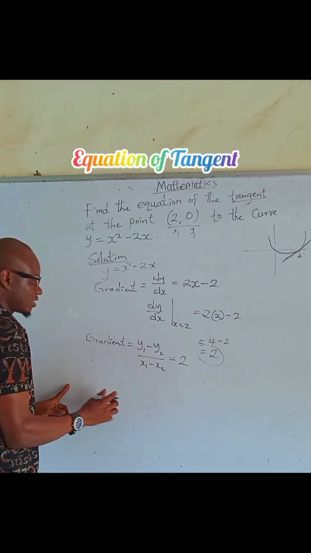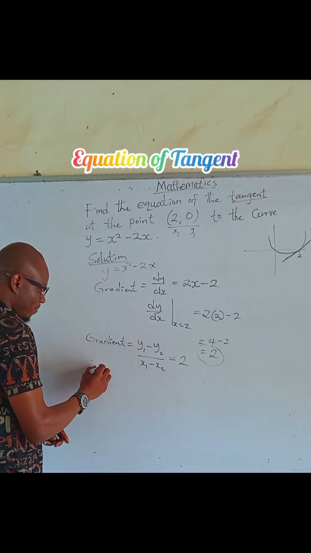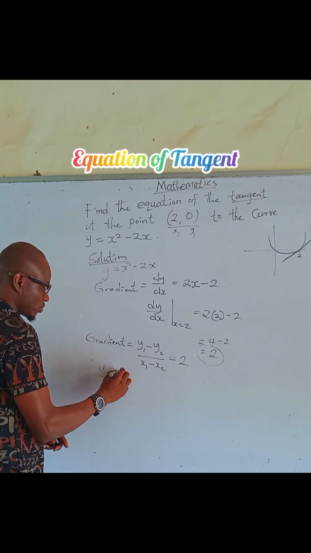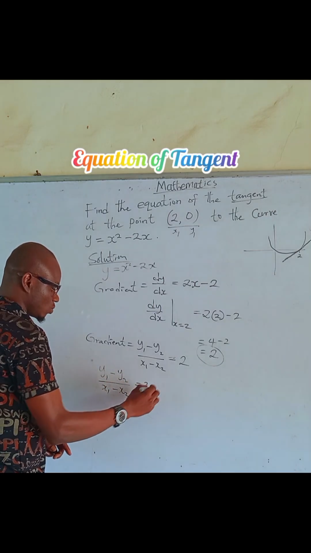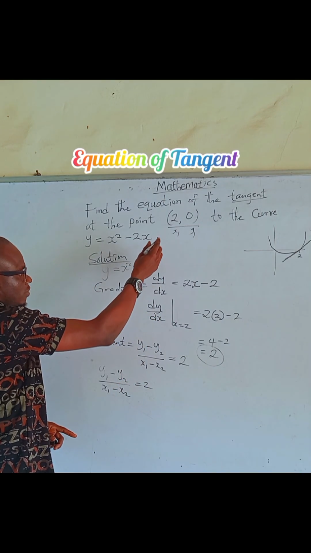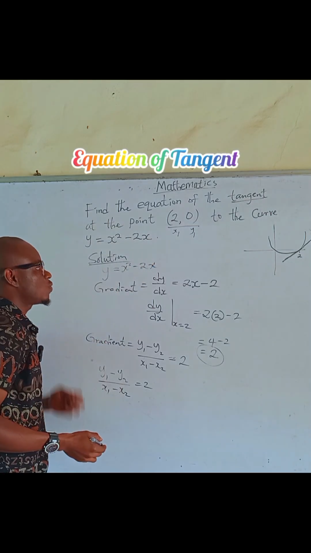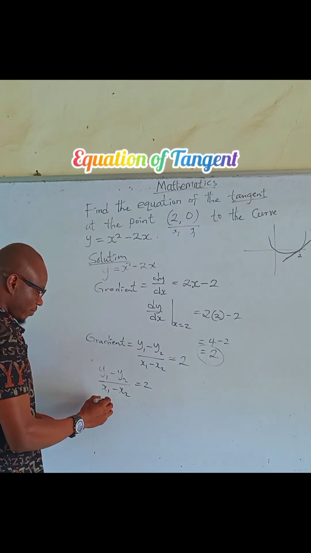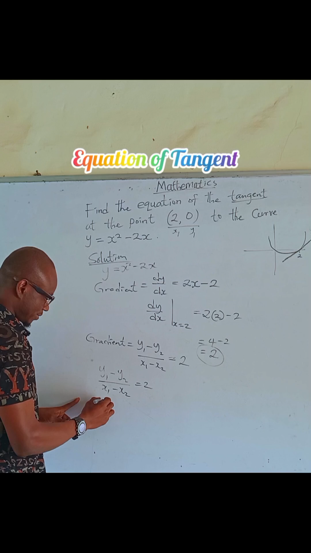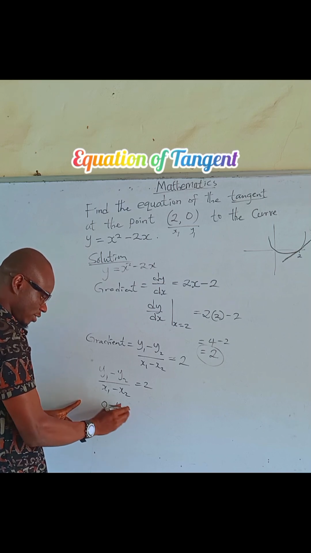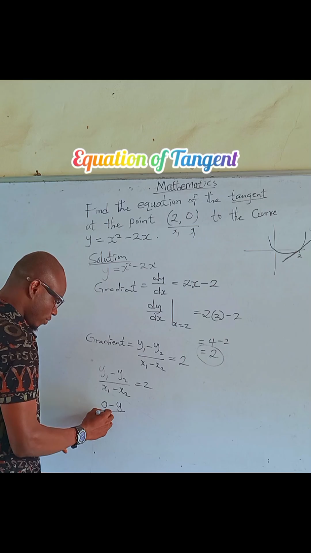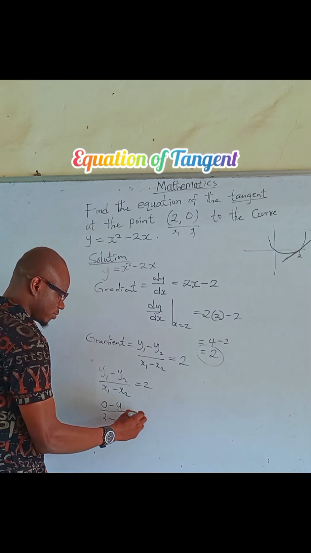So if we have that (y1 minus y2) over (x1 minus x2) is equal to 2, putting in the values we have there, 2 for x and 0 for y, we have 0 minus y, over 2 minus x, equals 2.